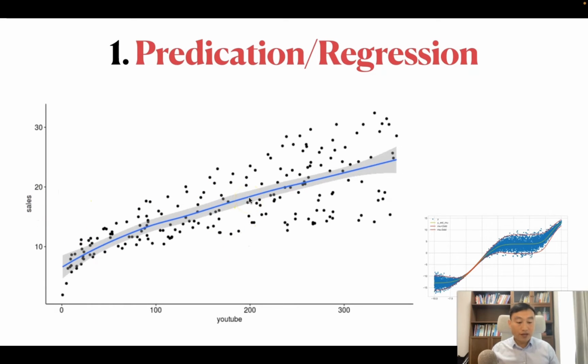The aim of regression is to predict the value of a dependent variable based upon other explanatory variables. There are simple linear regression like this one, and there are other complicated nonlinear regression like this one.